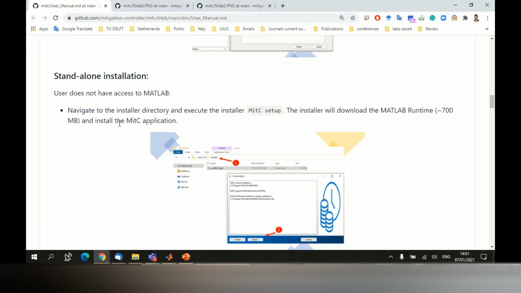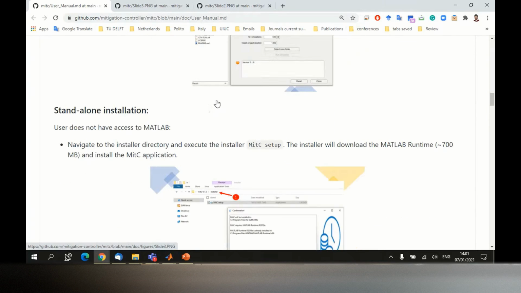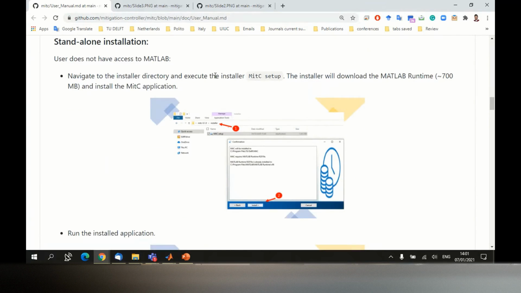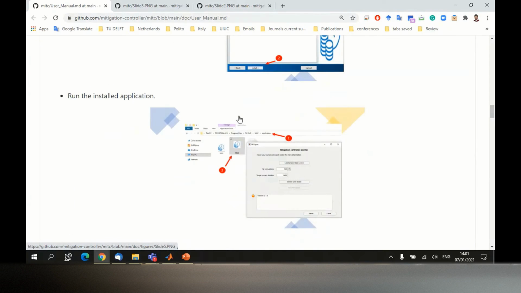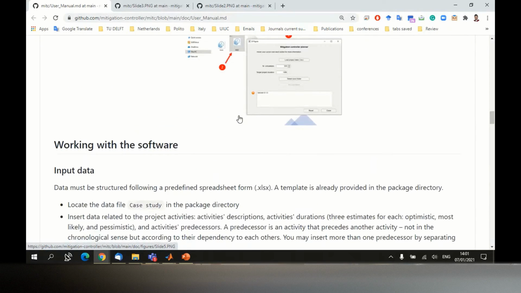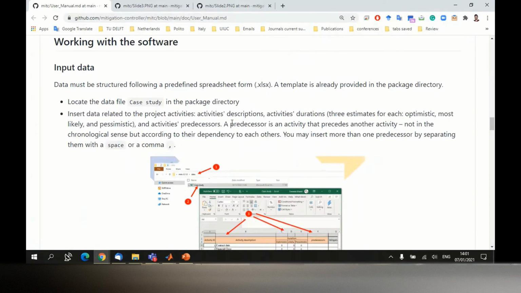But of course, if you have a Mac, then you would probably go with the first option, to download it within the environment of MATLAB. I assume that you already chose one and are able to open the software.